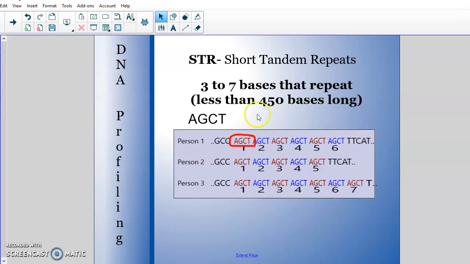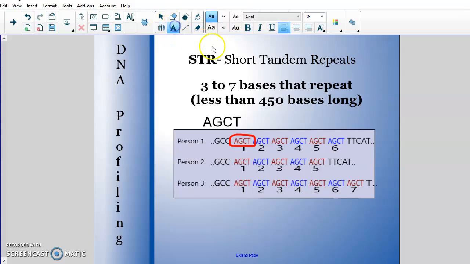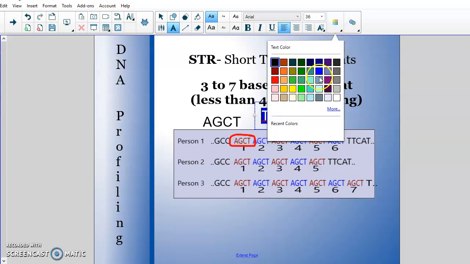So what they do is they add a PCR primer to find this location, AGCT. So maybe the primer would be the opposite code for that. So maybe the primer would be TCGA, right? Maybe that would be the primer, and they would put a fluorescent marker on it.